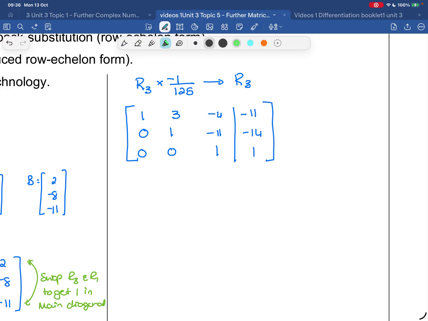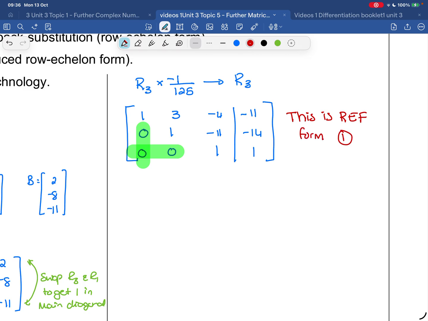So notice I have zeros in the lower half of my matrix, so below my leading diagonal. Okay, and I have 1s in all of my leading diagonal, and this is in row echelon form. So this is REF form.